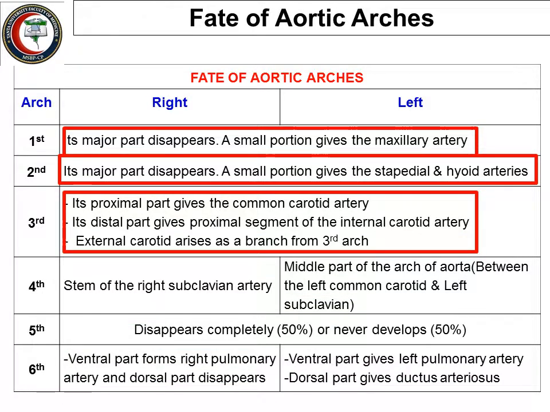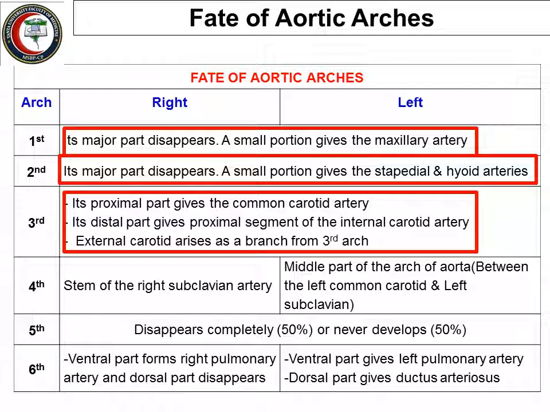Third aortic arch: it persists. The third arch is divided into a proximal segment and a distal segment. The proximal segment gives the common carotid artery, and the distal segment gives the proximal segment of the internal carotid artery.